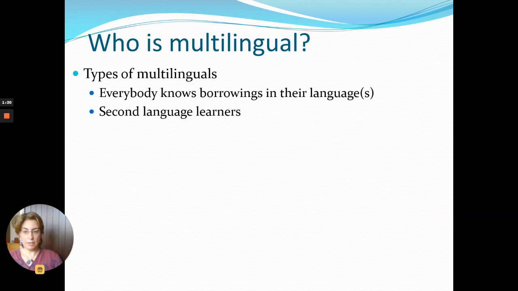Now, the second type of multilingual is being a second language learner. We apply this label to people who have learned a language once they had already a very solid linguistic system in place. So if I am a speaker of Dutch and I have acquired English later in life, and I can't even remember when I started acquiring the language, and I didn't feel that to be my language, for example, that means a second language.